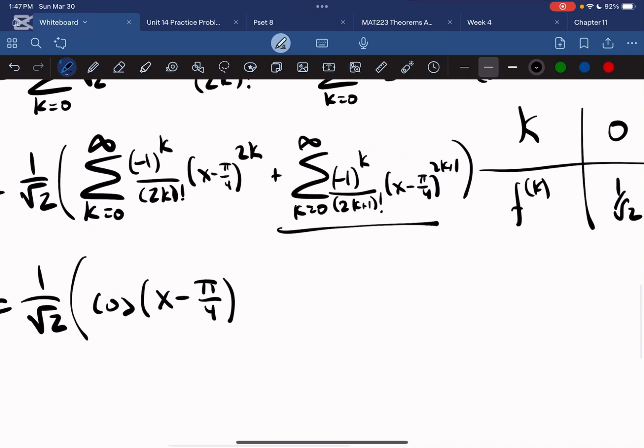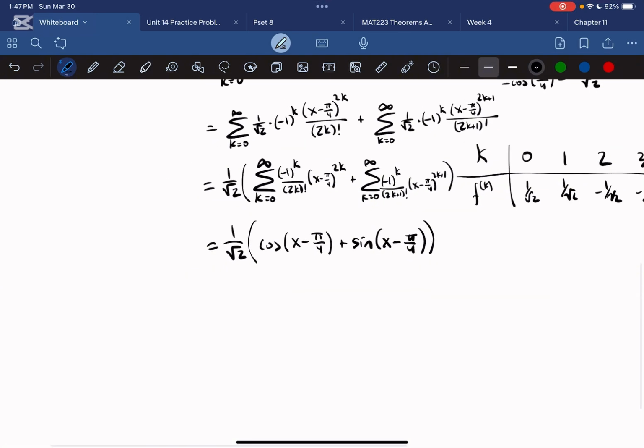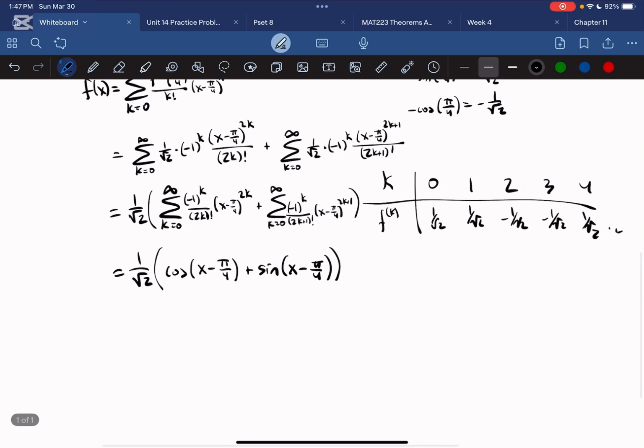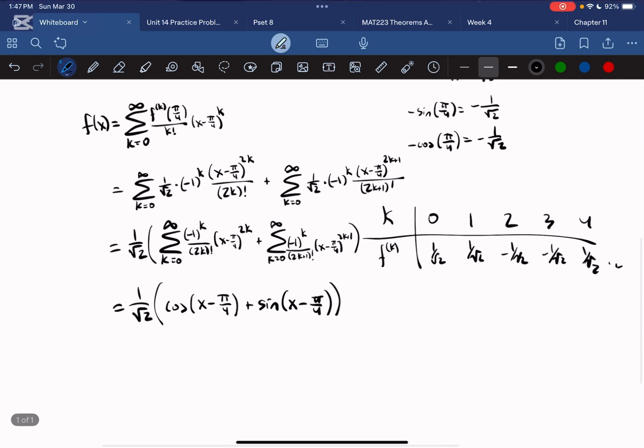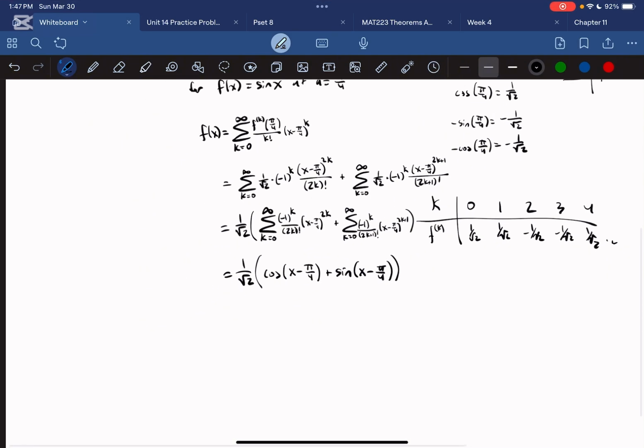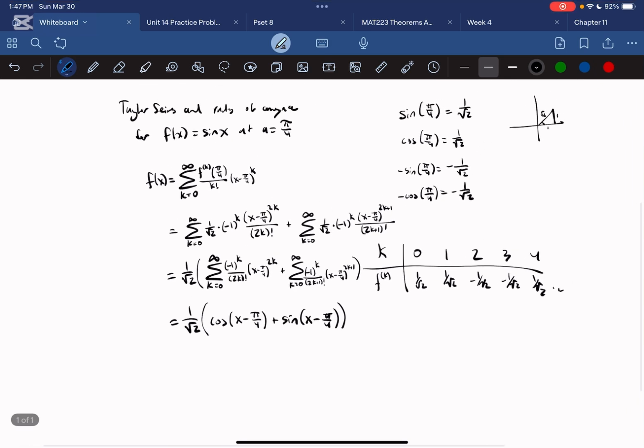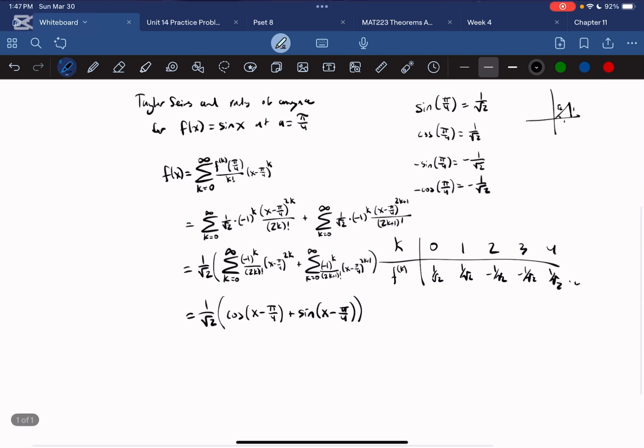And the same with this one's sine, right? And we see that this is our answer. You can simplify this further, but you don't have to. Boom, that's the answer. And we also know this is the case on the real numbers, right?